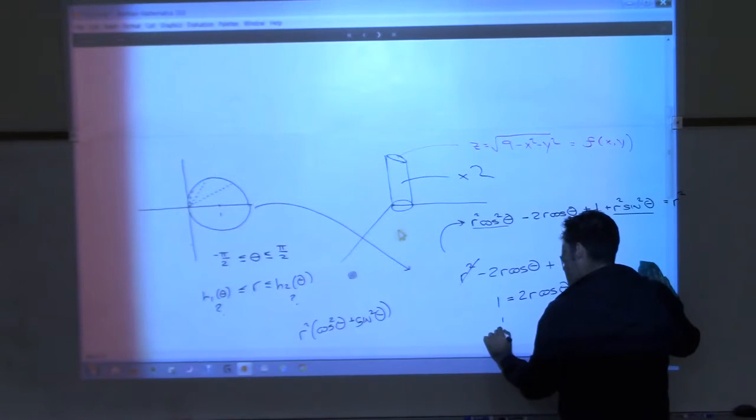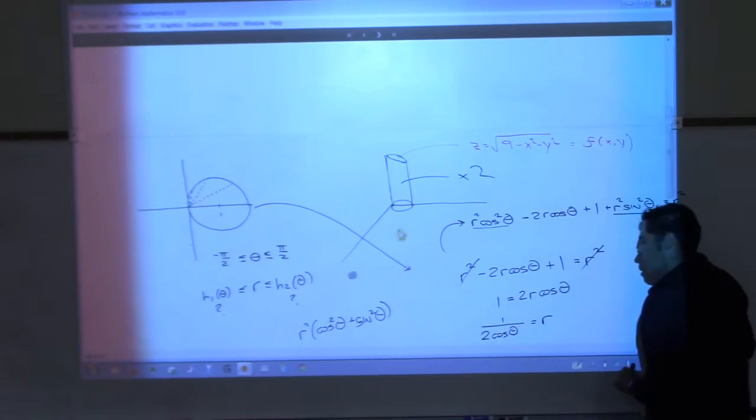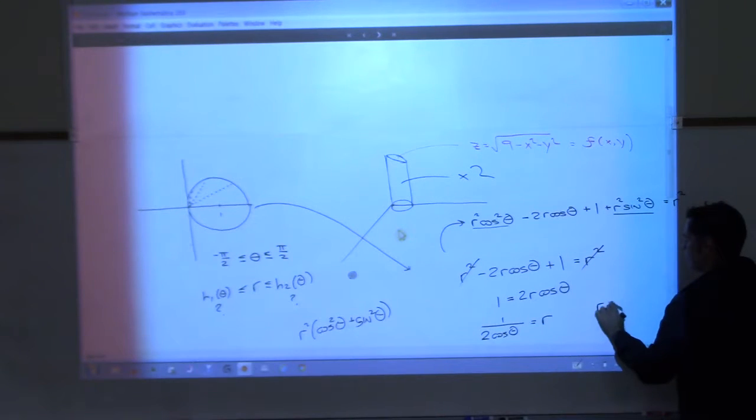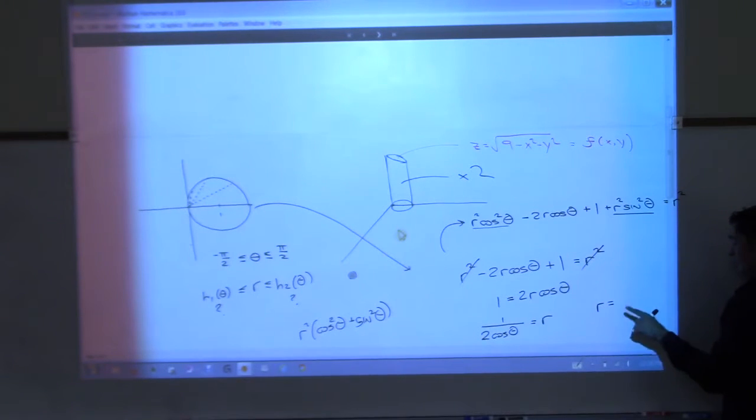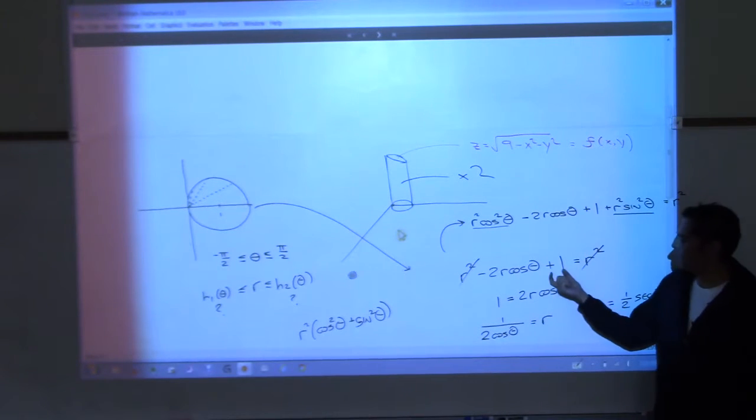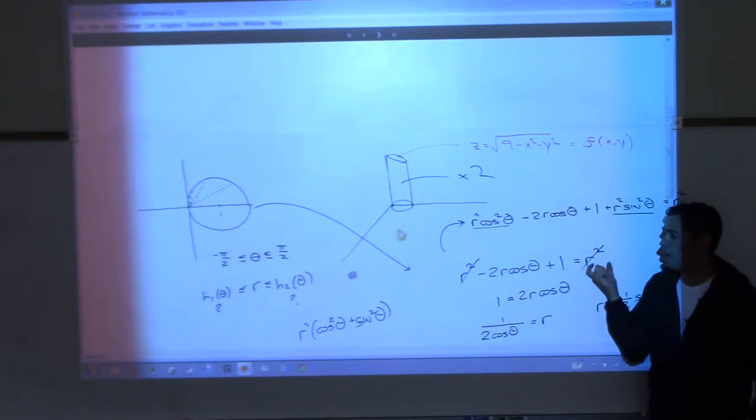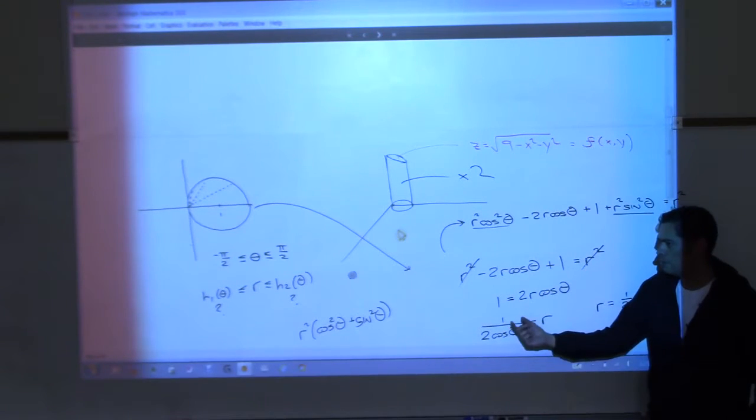So what do you have? 1 over 2 cosine theta equals r. Another way of saying that is r is equal to 1/2 secant theta. No, because this was our equation. I moved this to the right, so it became a plus, and then divided through.